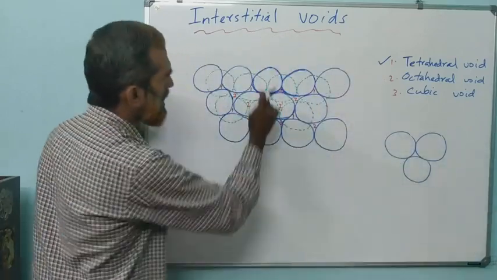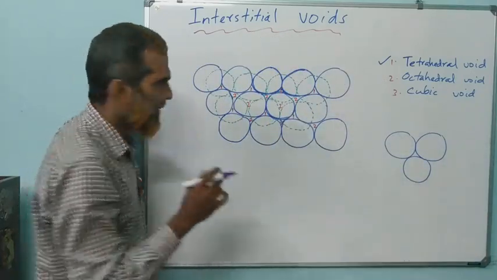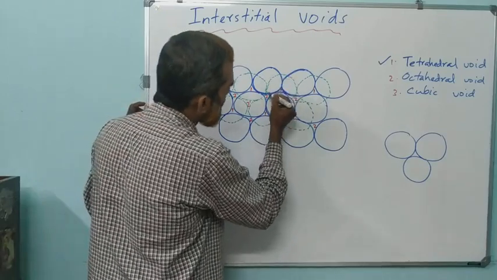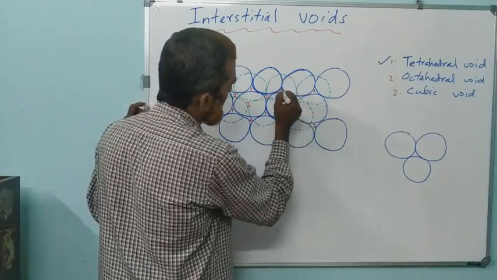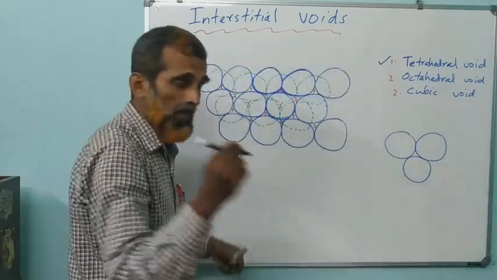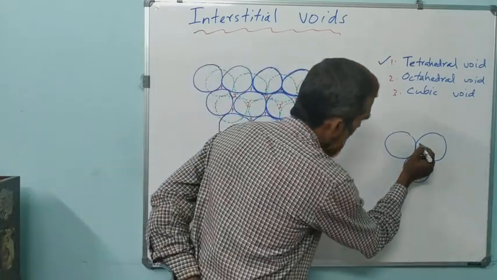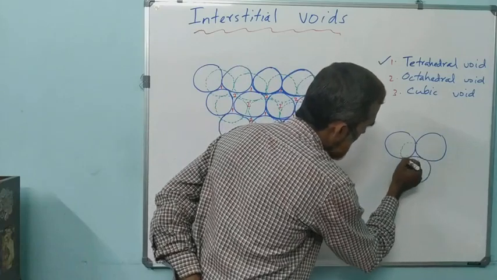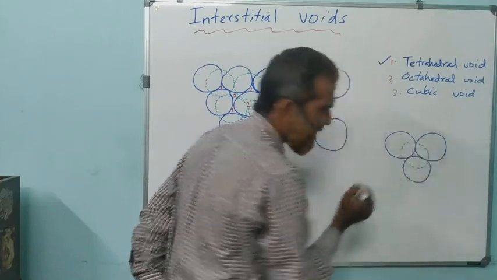Okay, so these are three spheres in the first layer. Now you can see the green sphere coming above it in the depression that I am drawing. So there is a sphere or particle kept in this depression, right?